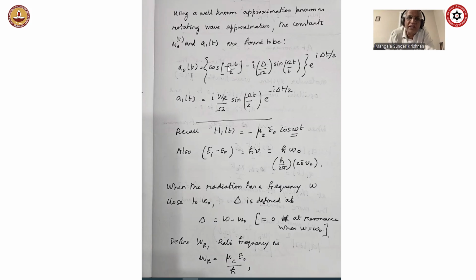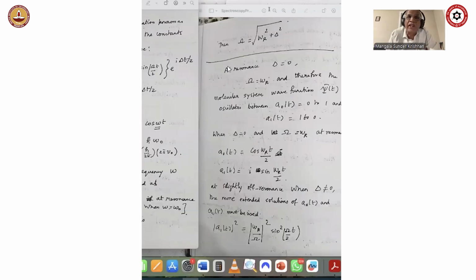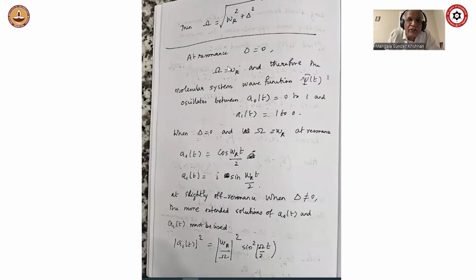Therefore, a naught of t is cosine omega r t by 2. For a1 of t, please remember this omega is omega r. Therefore this is 1, so here it is i sine omega r t, and the exponential of 0 is 1. That's what we will see in the next slide. a naught of t is cosine omega r t. a1 of t is i sine omega r t.